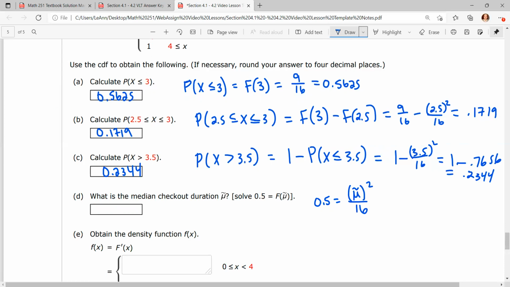We'll multiply both sides by 16, and that's going to come out to 8 equals mu tilde squared. Take a square root of that to get mu tilde. So mu tilde, which is our median, is 2.8284.